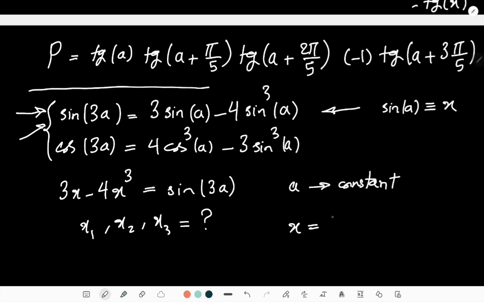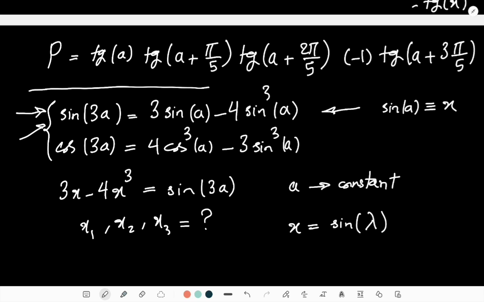I take x to be sine of some lambda. I know that you might think, well, what if x is greater than 1?